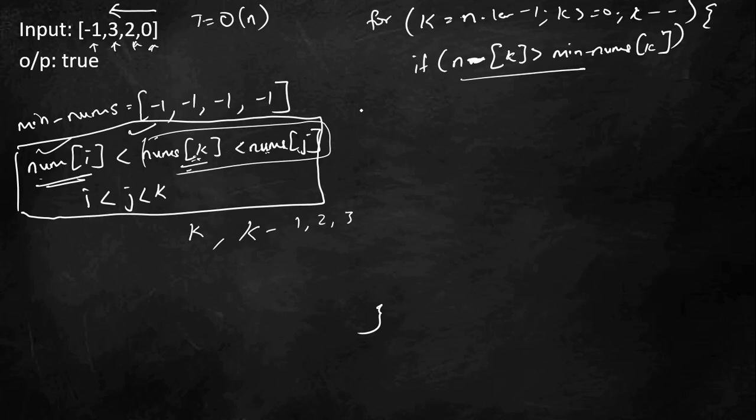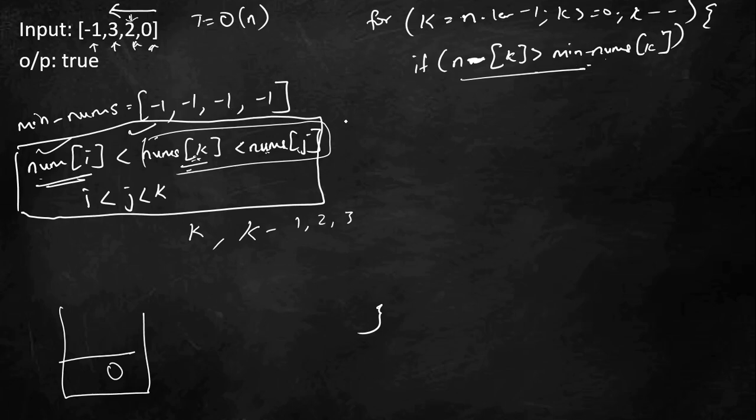So what we can do is, first we can add the number that we are getting in a stack. So let us say this is a stack, I add this value 0. Now in the next iteration, if this condition is satisfied, that means my next number, that is here 2, is greater than min nums of k, min nums of k is -1, which is true.